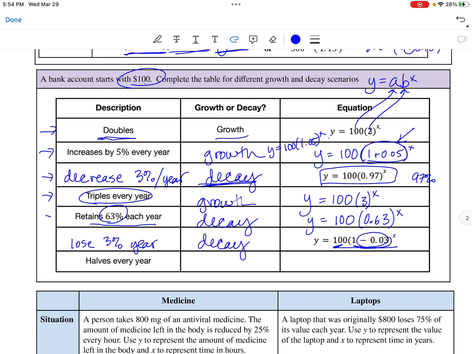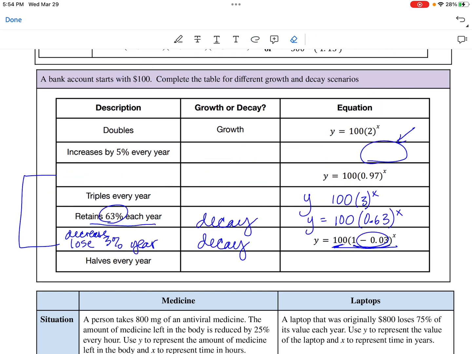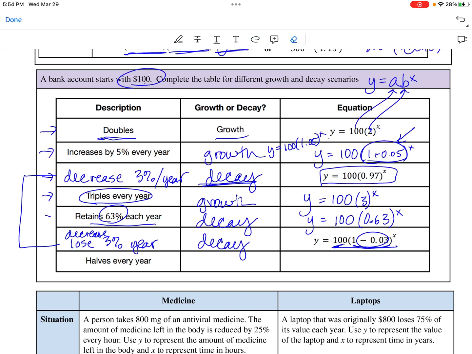Now let's take a look here. This is an interesting situation. We had another time when we lost 3% a year. Both of these lose, or you could say decrease, it's the same thing. So are these two equations the same thing?